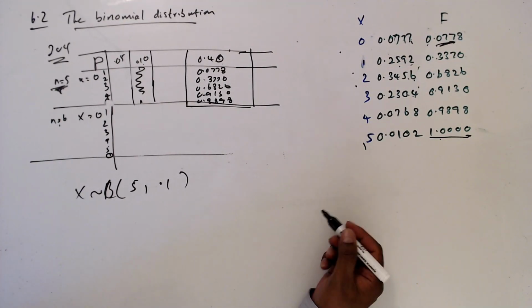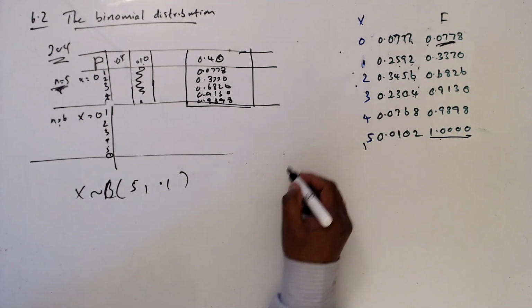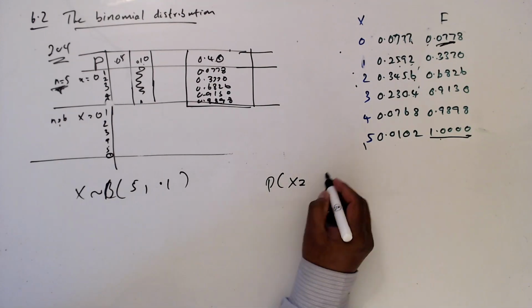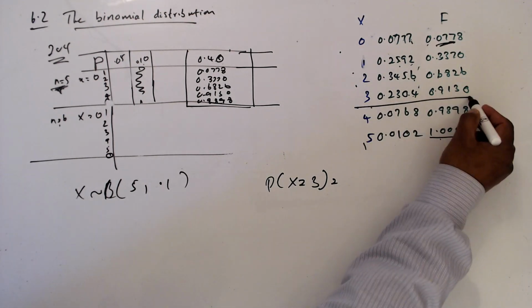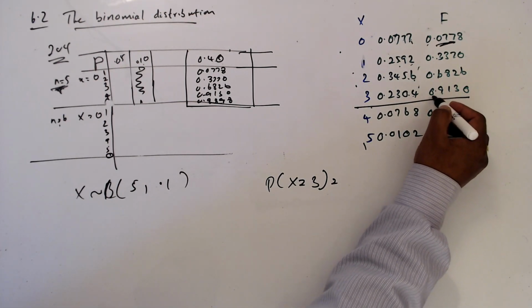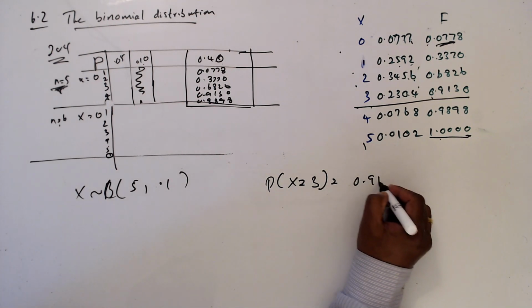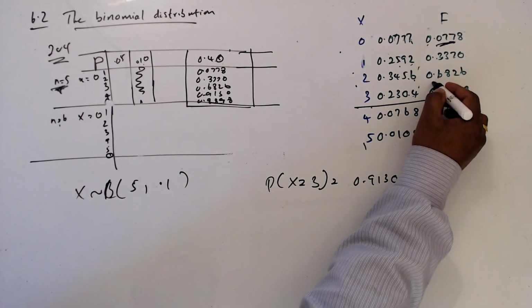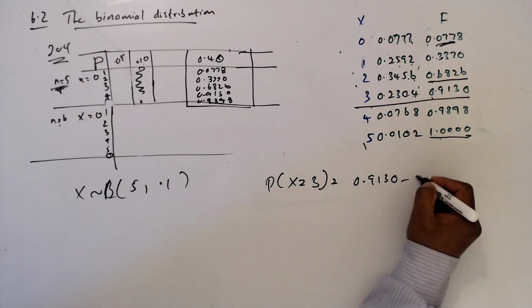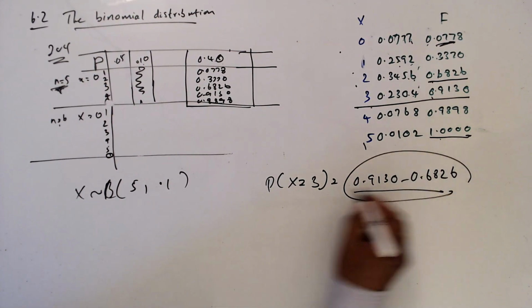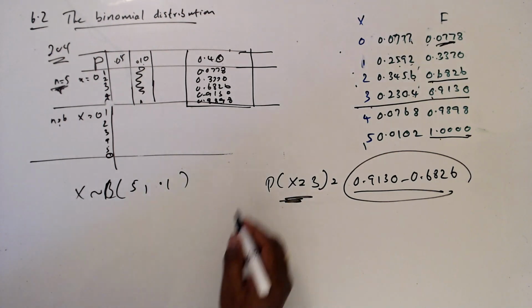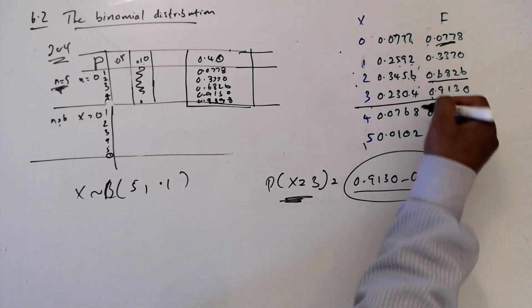Now for example, to find probability of x equal 3, you want to get this one, 0.9130, and then you minus this one, 0.6826, then only you can get 3.